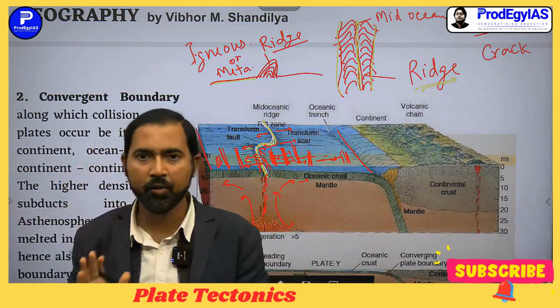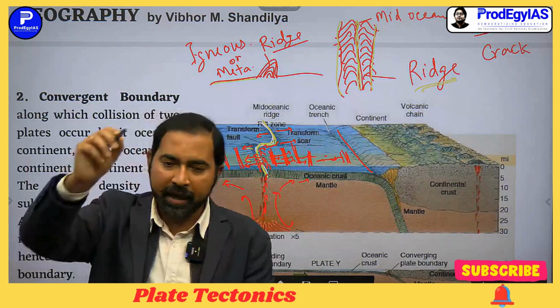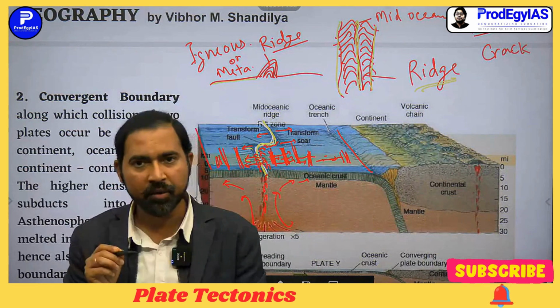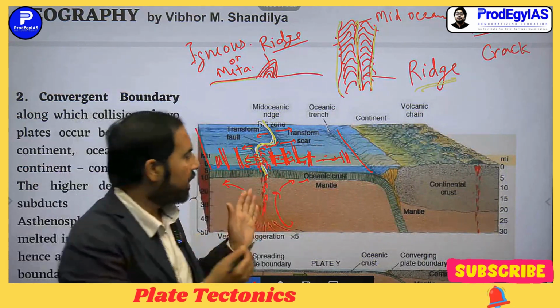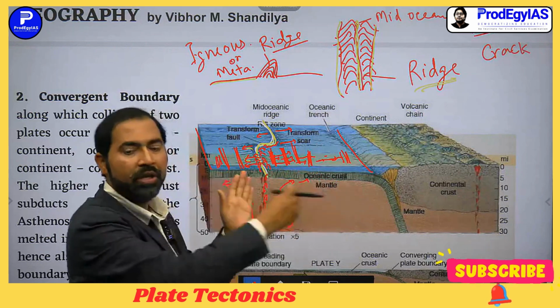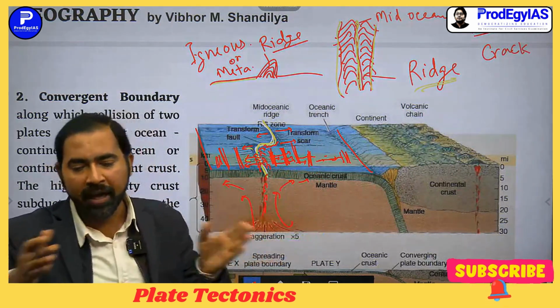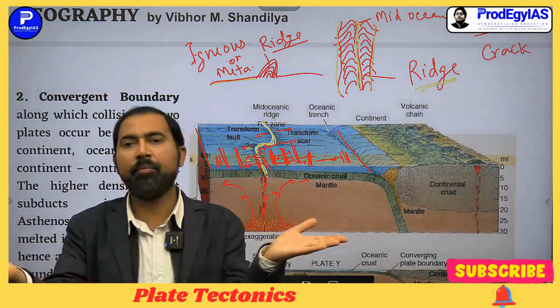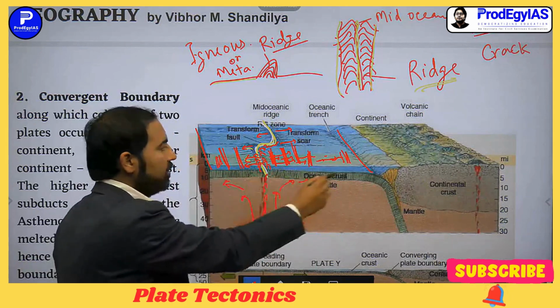Then a crack happened between these continents. That crack widened in the form of an oceanic basin. So in the plate tectonic manner, as continents went apart from each other, that oceanic basin came into existence.